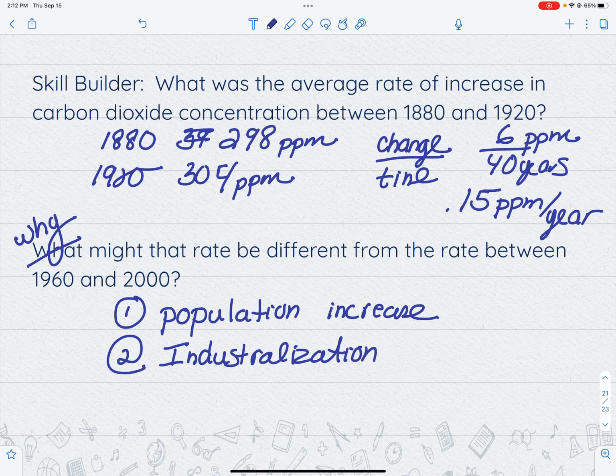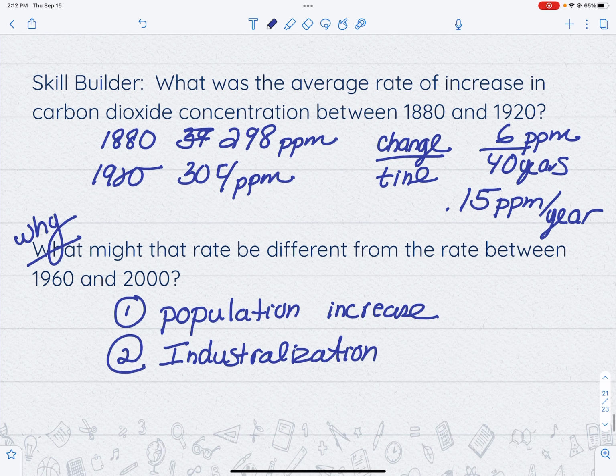Industrialization is the idea that in 1880, there weren't very many cars, there were no airplanes, and people didn't really have electricity in their houses. And then by 1960, all of those were much more widely used. And with industrialization comes using fossil fuels.